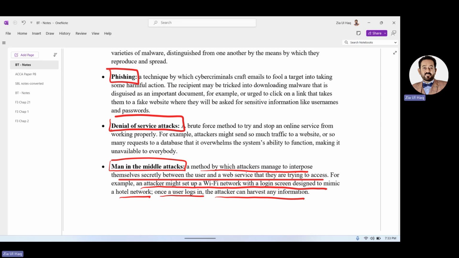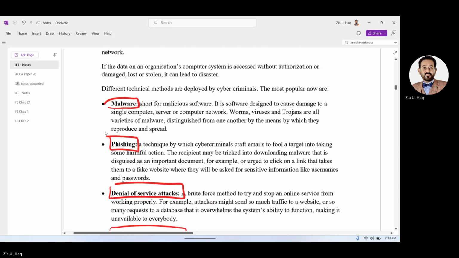I mean, they are watching what you are doing, especially any sensitive information like a password or your credit or debit card details. They are seeing it and they can misuse that information after that. So malware is a virus, which could be a Trojan horse virus or a worm. Worm means it spreads to different files, and Trojan horse copies multiple files.